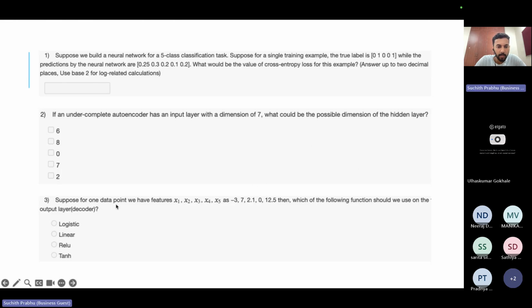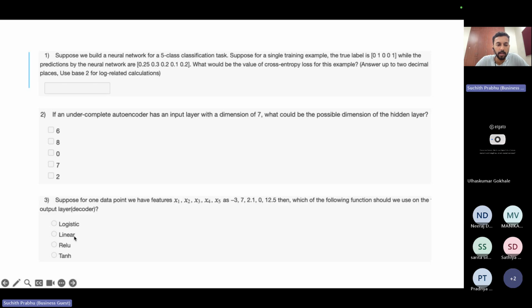Suppose for one data point we have feature x1 to x5 as this. Which of the following function do we use on the output layer, the decoder? So we have these floating point values, and because we are using an autoencoder, we want to generate this value.